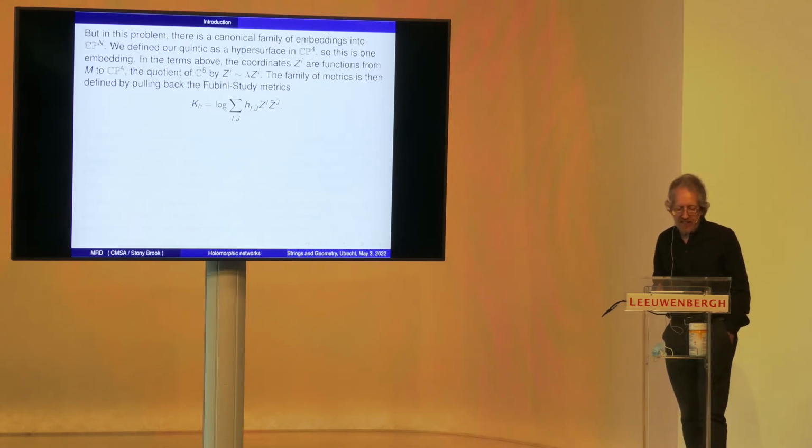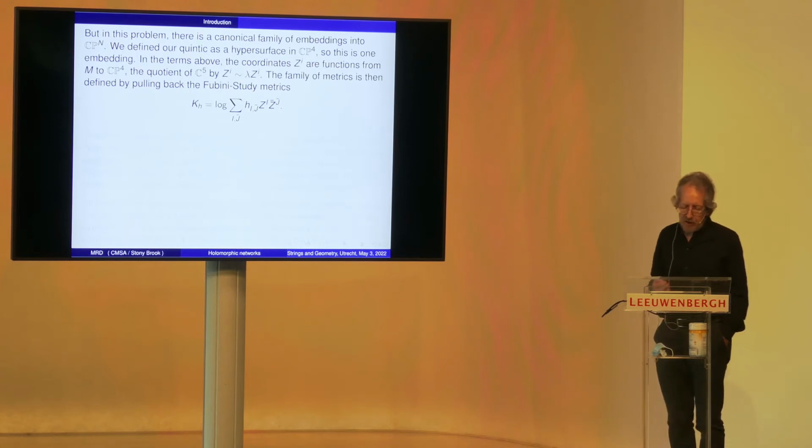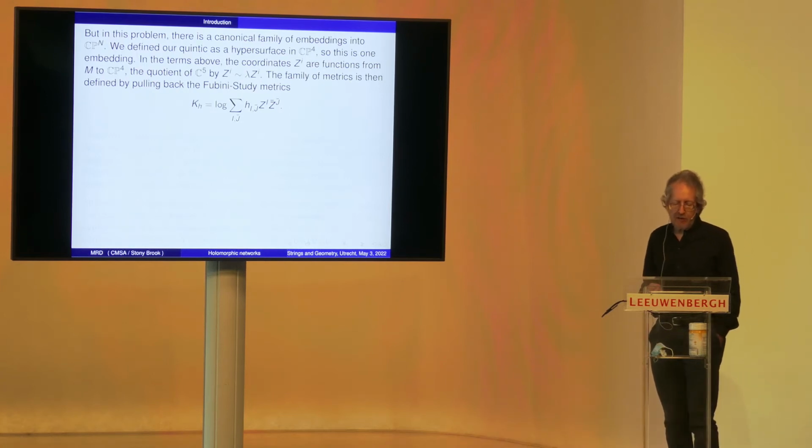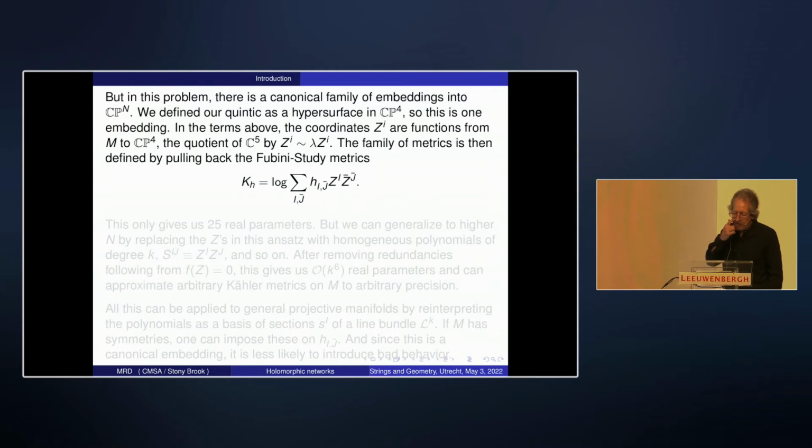But here again, there is some issue there, but at least we have a canonical family of embeddings, the projective embeddings. You take the sections of some line bundle and you use those to embed it, and we know that these manifolds of interest are all ample, so there are such embeddings.